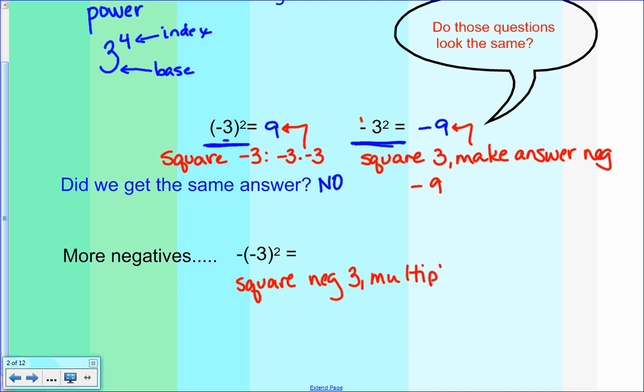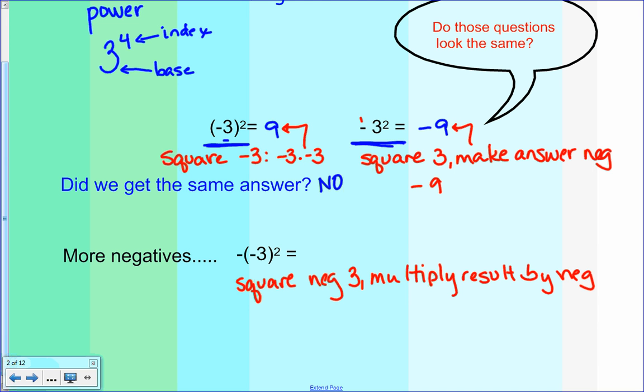Multiply that result by a negative. Let's see what we get for that one. You can try that with your calculators as well. Just make sure that when you plug it in, you are using the negative signs and the brackets, that negative, that bracket, to get the right answer.